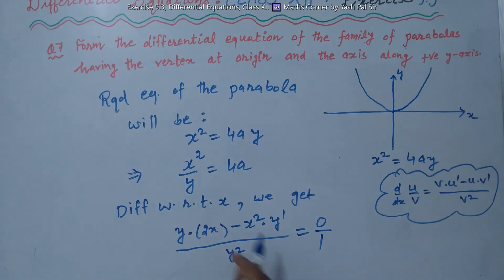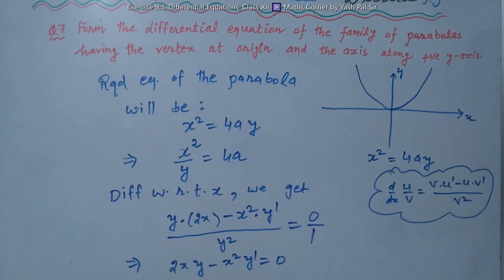Now cross multiplying, this becomes 2xy minus x square y dash is equal to 0. So this is the desired result. Why is this the desired result? Because we cannot find any arbitrary constant in this equation.